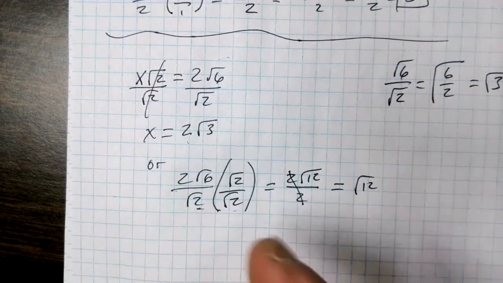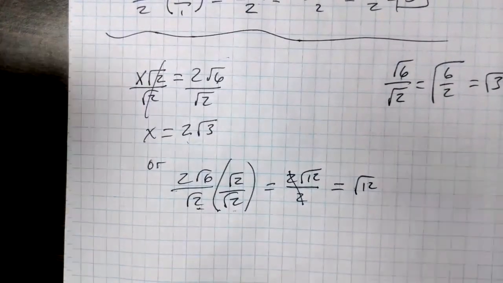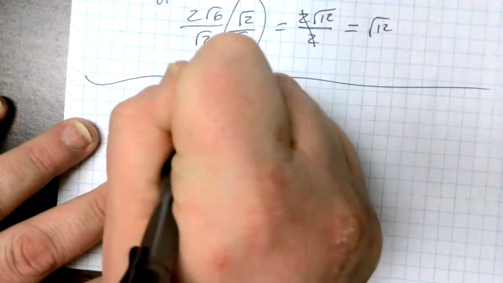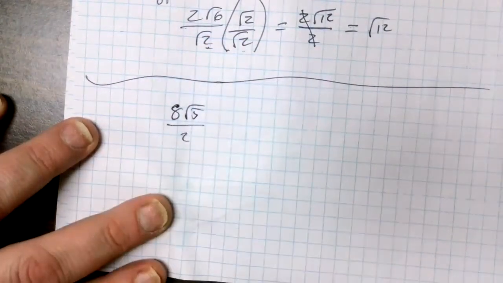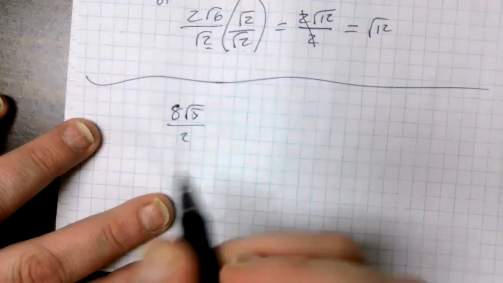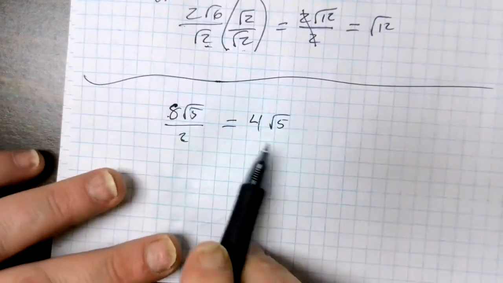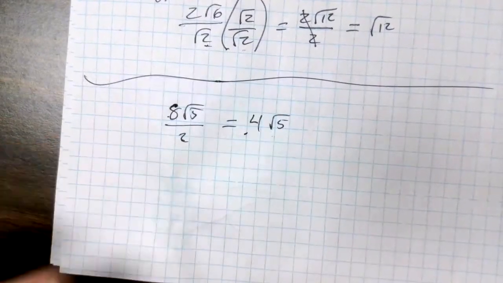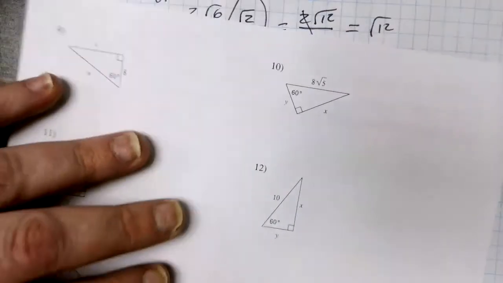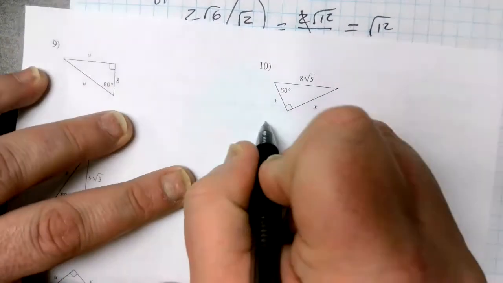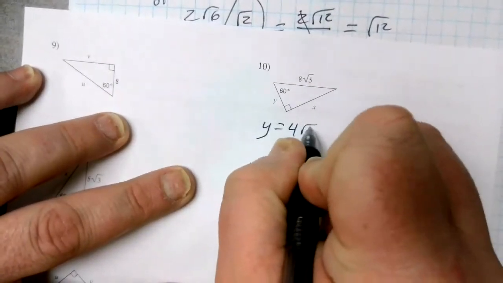So half the hypotenuse is the short side, right? So 8 square root of 5, I take half of that. If I divide that by 2, 8 divided by 2 is nothing but 4. So now we see the short side is 4 root 5. So the short side here, across from the 30, is 4 root 5. So y equals 4 root 5.